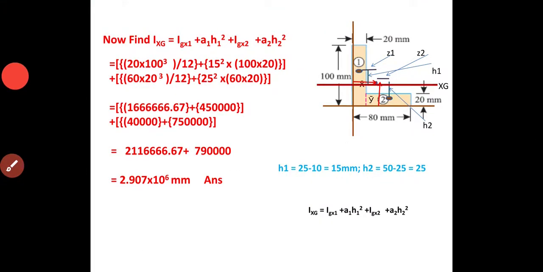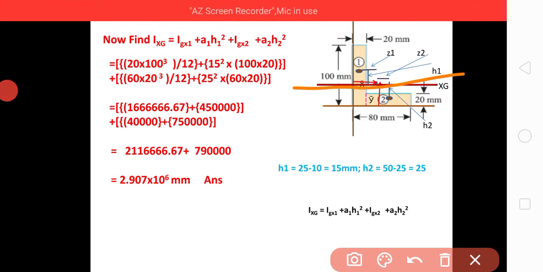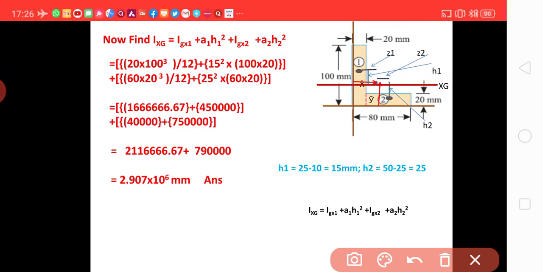Now finding the Ixg first. Ixg equals Igx1 plus A1 h1 square plus Igx2 plus A2 h2 square. Applying for x, this is the xg, the red line shown here. For section 1, this is the axis, so it will be 20 into 100 cube.